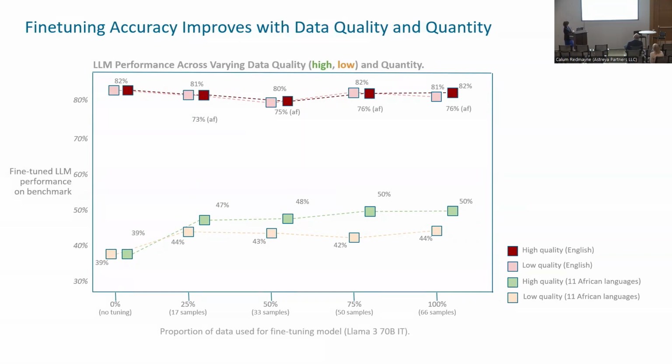You'll see different quartile splits of our data. There's 0 data with no fine-tuning. Then we fine-tune on 25, 50, 75, 100% of our data samples, so different quantities. You'll see with the different colored boxes, we're looking at different quality splits. And again, you see that there's this accuracy improvement with both quantity and quality of data.